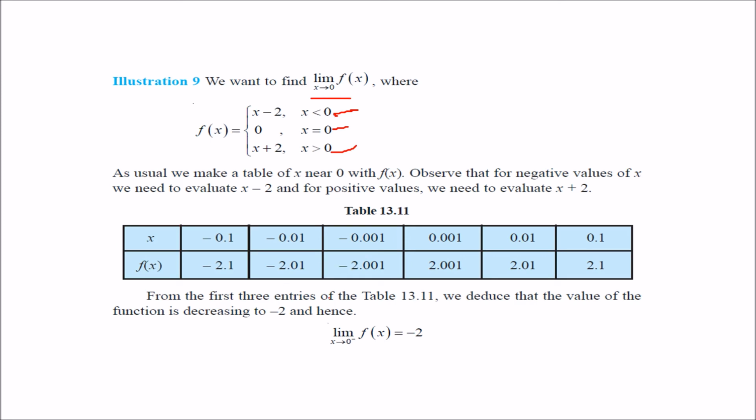But let us see. So we have to check it near 0. So let us take values less than 0 and greater than 0, because this is x tends to 0. So let us take what value it gives. If you take less than 0, you get these values. Higher than 0, you get these values.